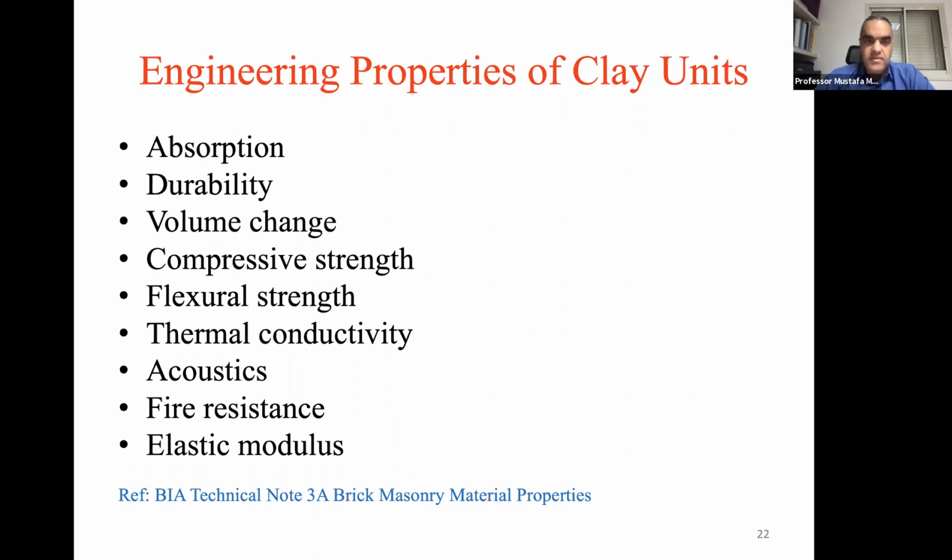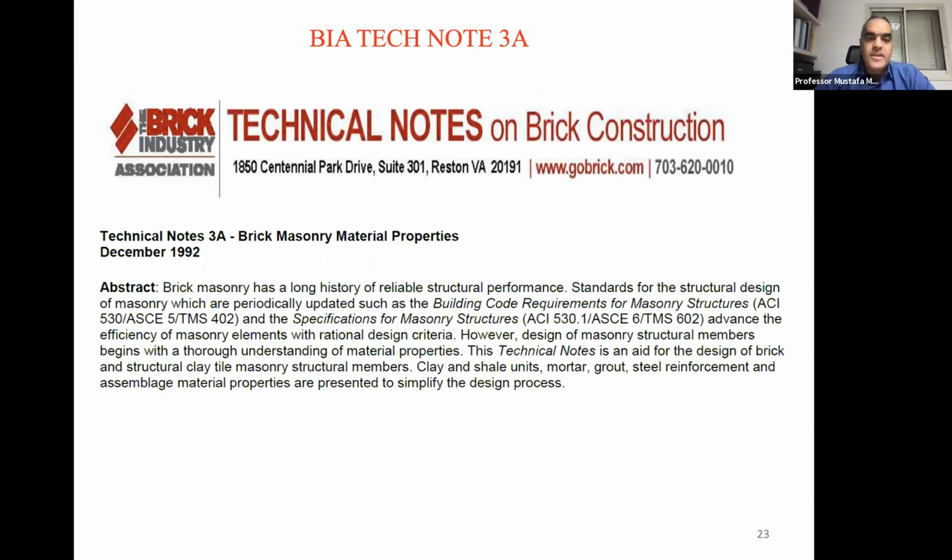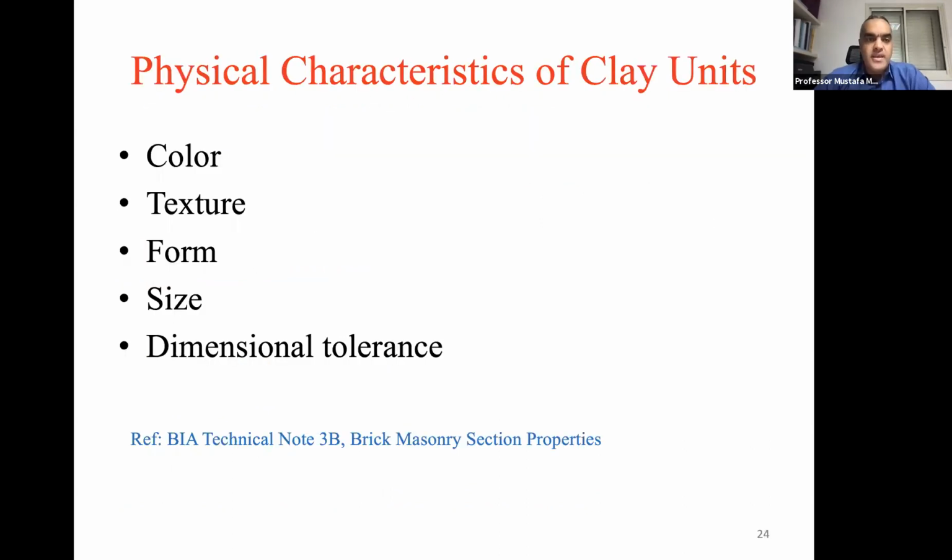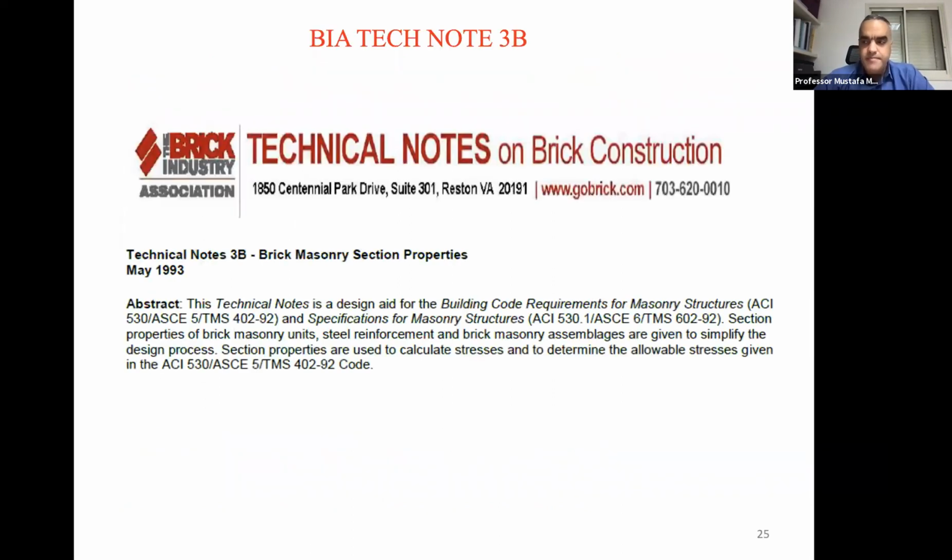So they have all the material properties for whatever you use. And then we have physical characteristics of clay units, which covers color, texture, form, size, and dimensional tolerances. That's in Tech Note 3B. That's section properties, and that's what it is. Okay.